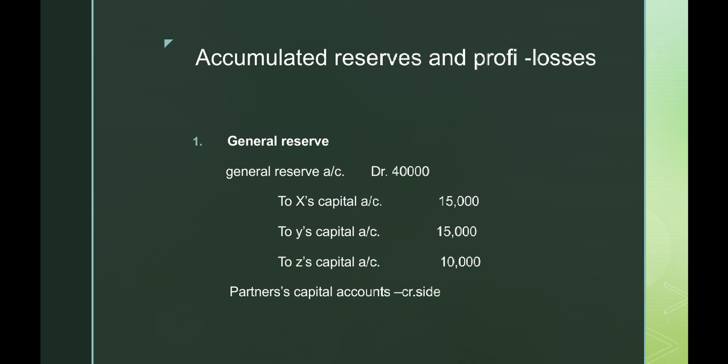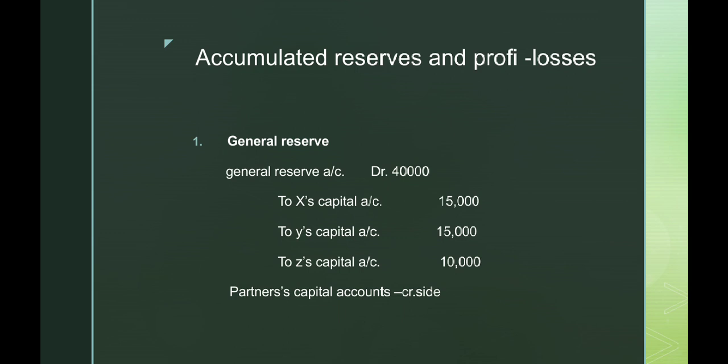You will see capital accounts first of all, and we have already written this in the partners' capital accounts as opening balance. Below that, there is general reserve. The amount of general reserve given is 40,000 rupees.